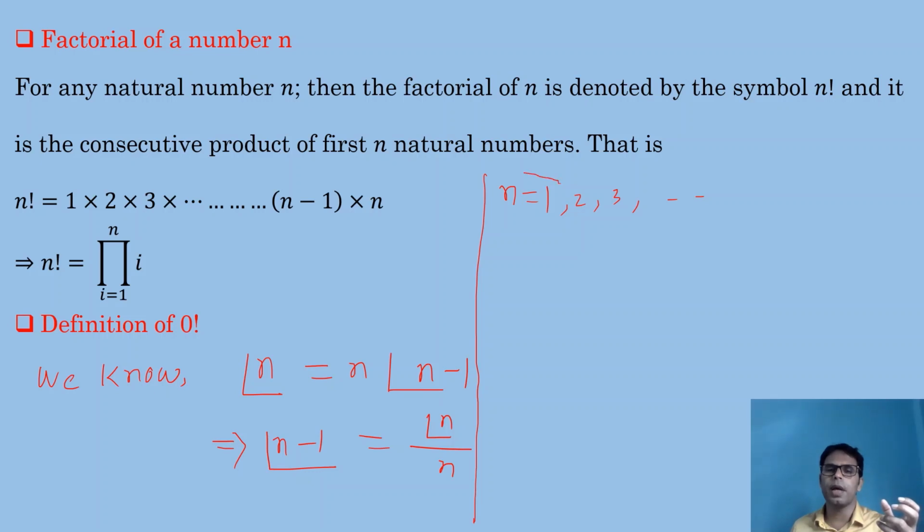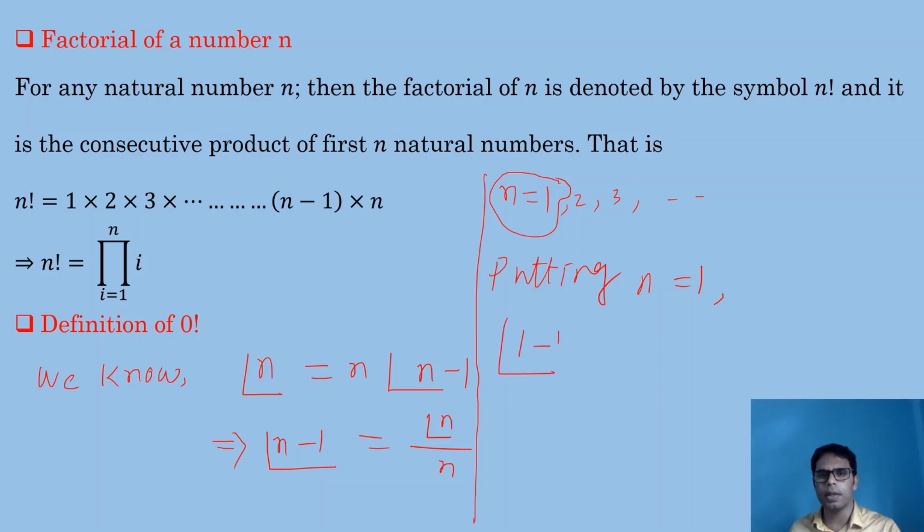And here for our convenience, we are using the value of n is equal to 1 in this above expression. So you just write, putting n is equal to 1. Then in the left hand side, what you will get? You will get factorial of 1 minus 1, and on the right hand side you will get factorial 1 divided by 1.